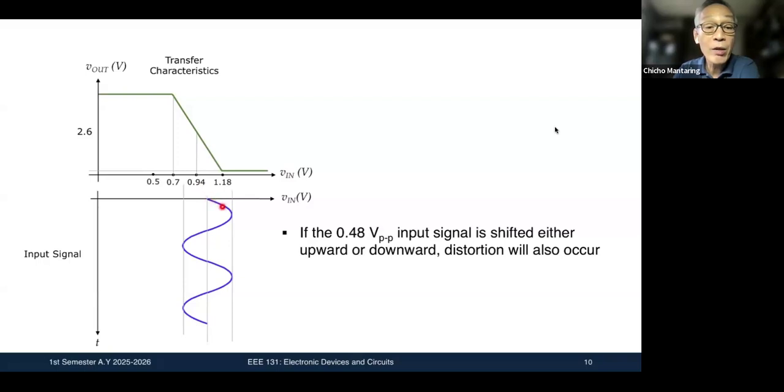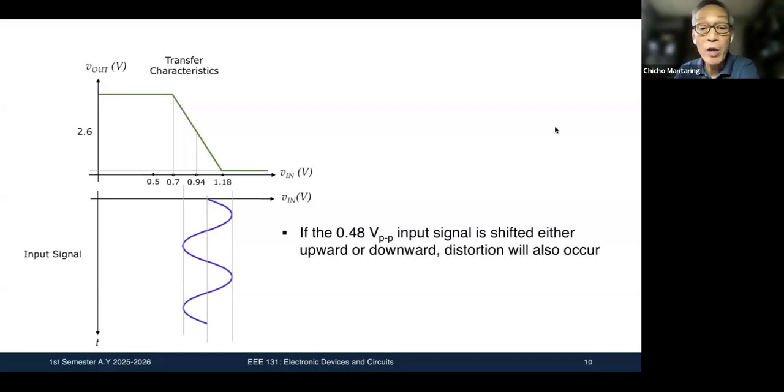What will happen now is on the positive cycle of my time varying input, I'm going to hit saturation right away. So at this point, I will already saturate, and I will be saturated from this point to this point. Fortunately, nothing's going to happen to the negative cycle, because during the negative cycle, I will still be in the linear region.